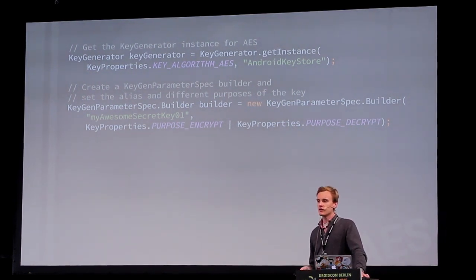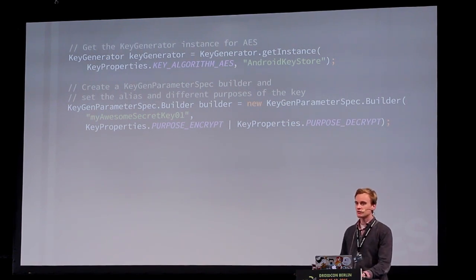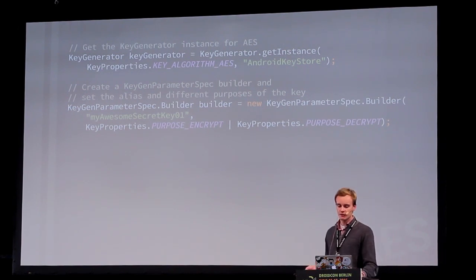It's very important to specify all the purposes you want, like if you want to decrypt or encrypt or to sign, because if you want to use that key, the keystore implementation only lets you use the key for this specified purpose.